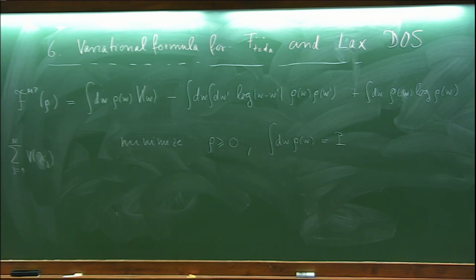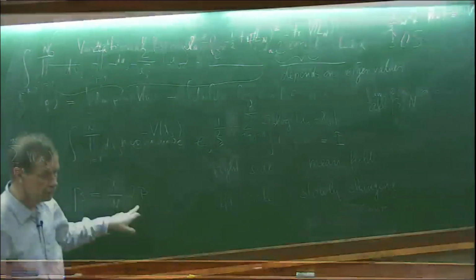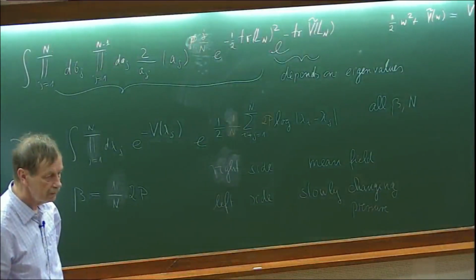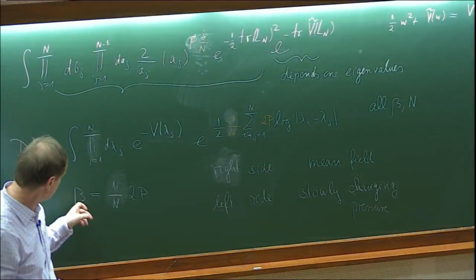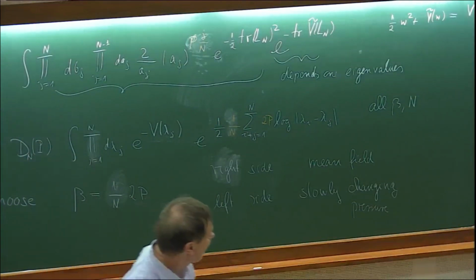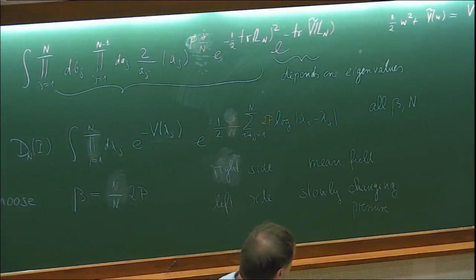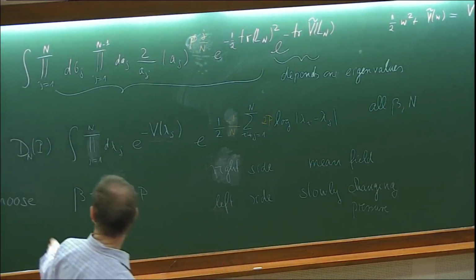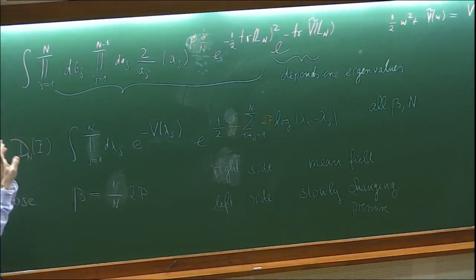Well, beta also depends only on p, right? I put beta equal to 1 over n times 2p. Does it contribute to this equality? Is there also another logarithm of n and p that you have to look at? Yes, sure, but this will be just some number, some log p or so, some trivial number. More questions? Okay.